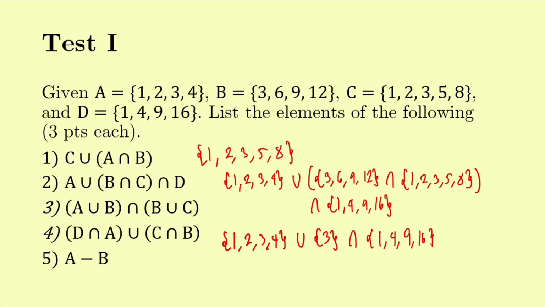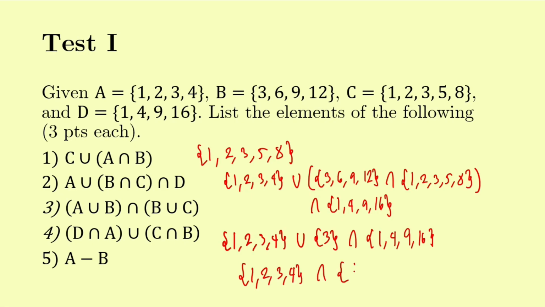So, ito yung sinasabi ko na in some references, they first operate the intersection. Pero, we will stick to the original rule na mauuna kung alin yung nauna kapag ganyan ang setup natin. So, we will first use the union operation. So, it will become 1, 2, 3, 4.